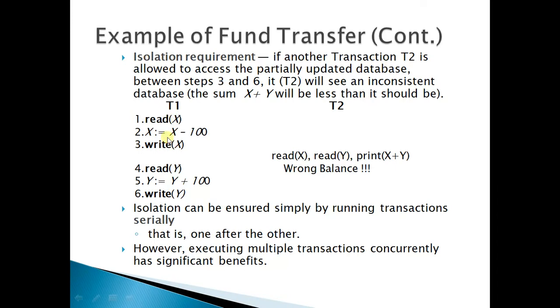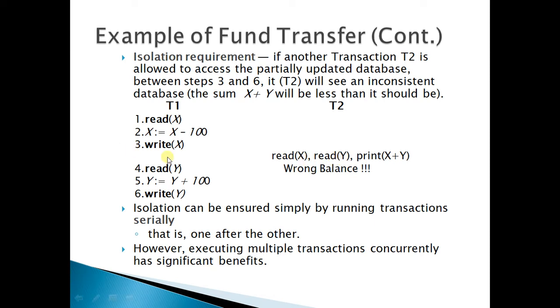These were the first three lines, that 100 rupees is deducted from the first account and written back. Now suppose in between another transaction comes and tries to calculate the total of account X and account Y. Then what will happen? It will read X, and X will be read with 100 less value. And Y? So the balance will be printed, and the balance will show a loss of 100 rupees.